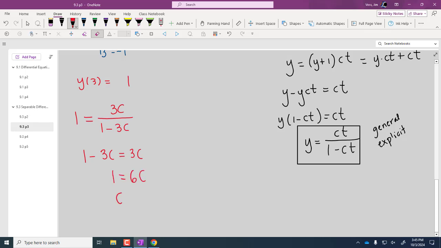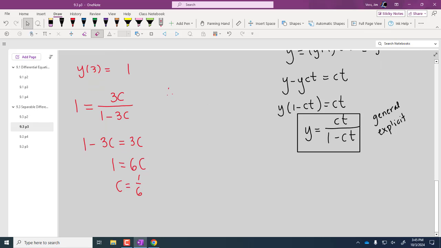So c is equal to 1 over 6. So therefore, the particular solution is y equals 1/6 t divided by 1 minus 1/6 t. That's a complex fraction. We don't like complex fractions, so we're going to multiply through by a 6. And if we multiply through by a 6, that will be our simplified answer.